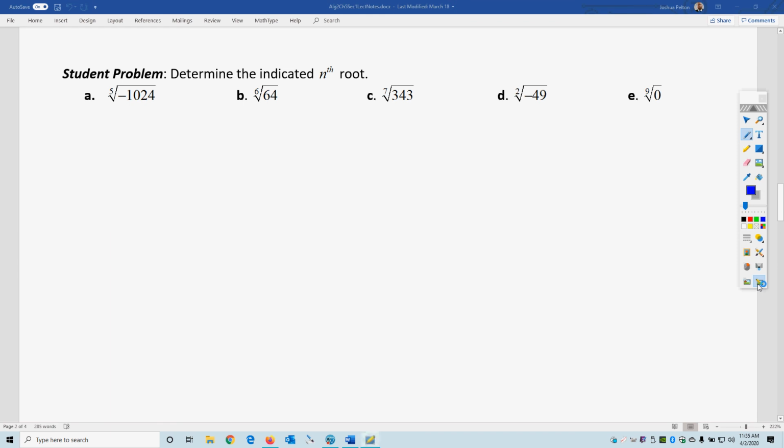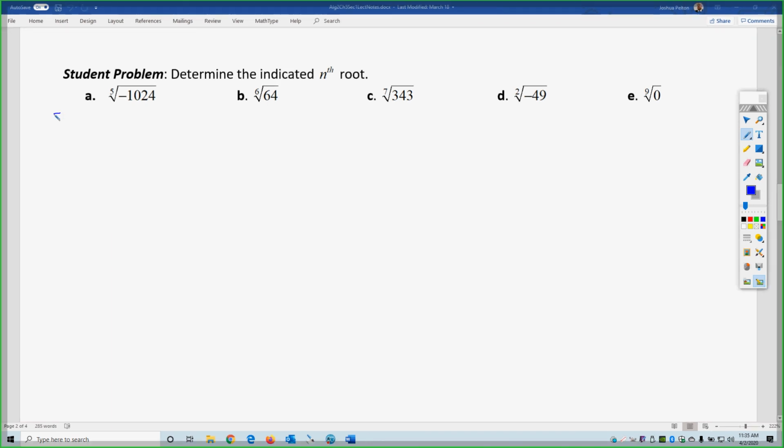Okay, fifth root of a negative, you can have 5 negatives. Let's see, that'd be what, 512 for 1024, which is 2 times 256, excuse me. Half of 512 is 256. A little messy there.